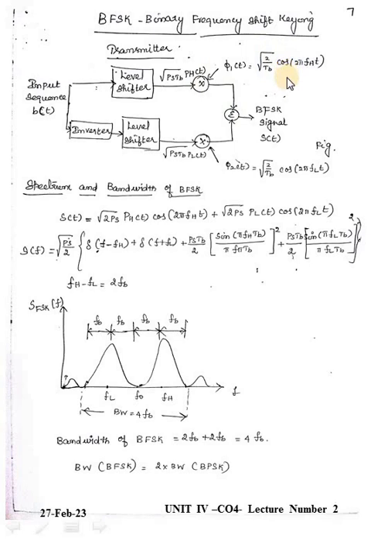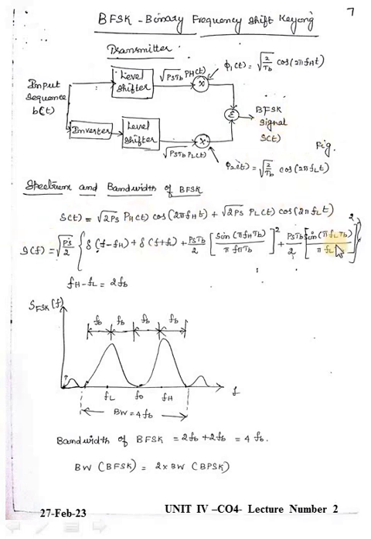high frequency carrier signal. The carrier signal is considered as cos 2 pi f_H t. Similarly, for the low frequency signal, the only change is that we have inverted the input signal, so root 2 Ps cos 2 pi f_L t is the low frequency carrier. This summer is used to add these two values, and from that we obtain the binary frequency shift keying signal, represented as s of t.